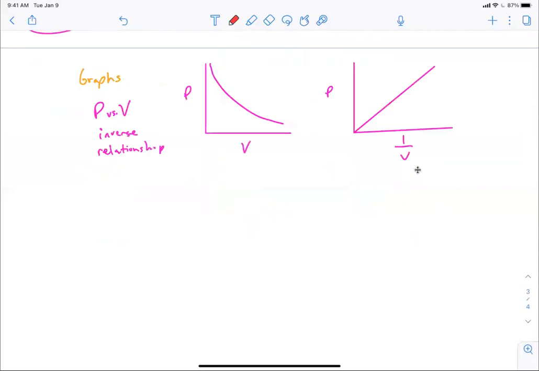The second thing is with temperature, okay? You've got to remember that these graphs of pressure or volume only intersect at the origin if it's in Kelvin, because that's 0 Kelvin, that's absolute zero, and that's the lowest possible temperature that you can record.